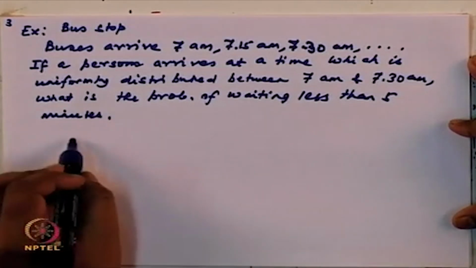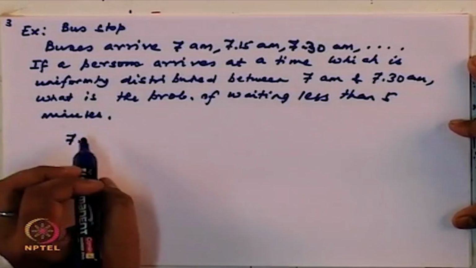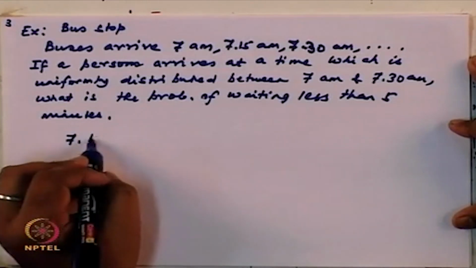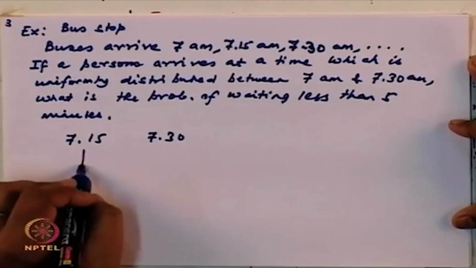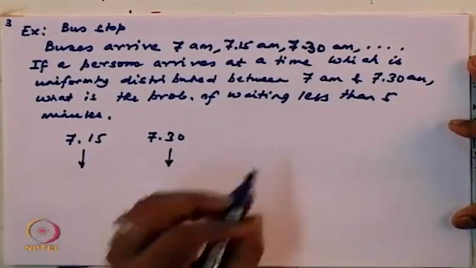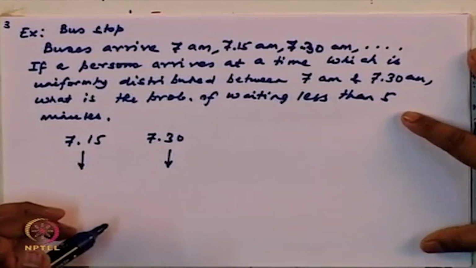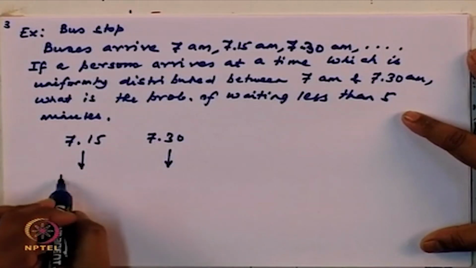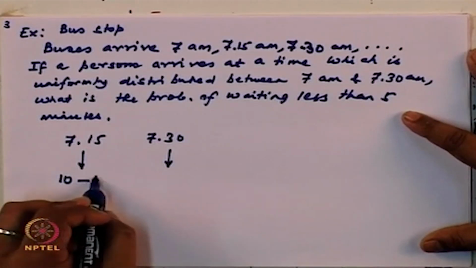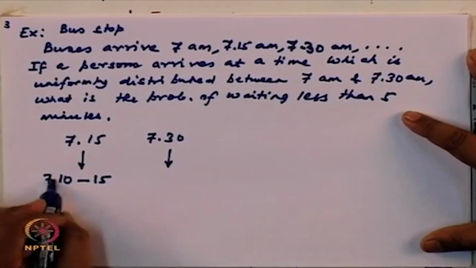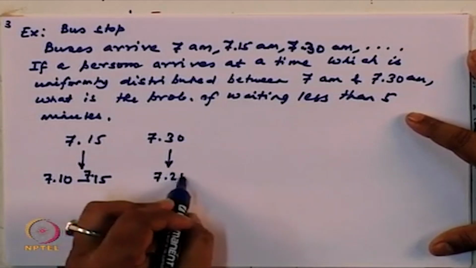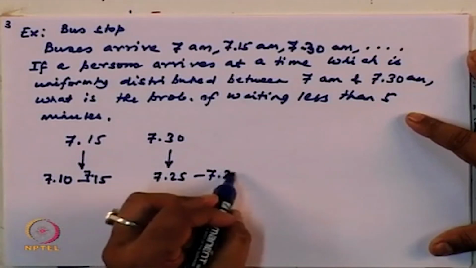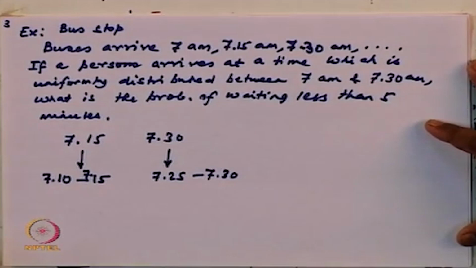Since your buses arrive at 7, 7:15, then 7:30, if he has to wait less than 5 minutes, he can arrive any time between 7:10 to 7:15, or any time between 7:25 to 7:30. So, what is my probability?